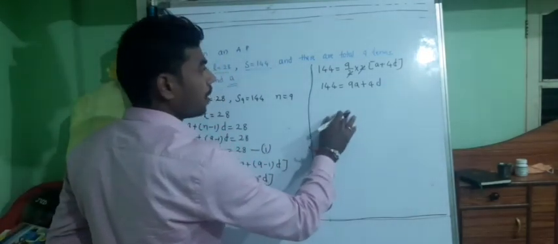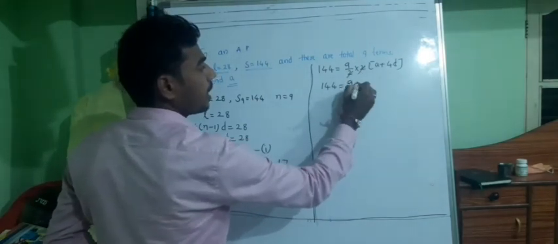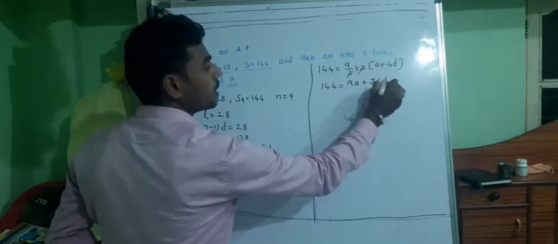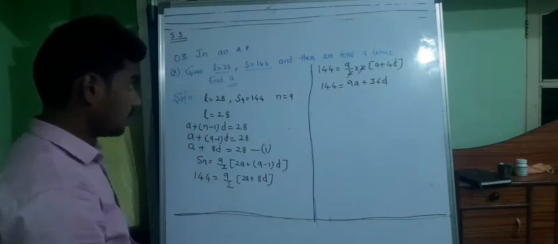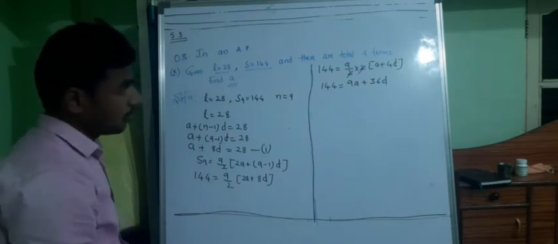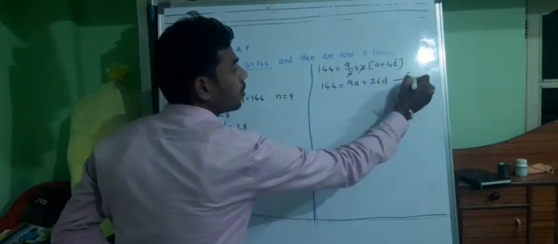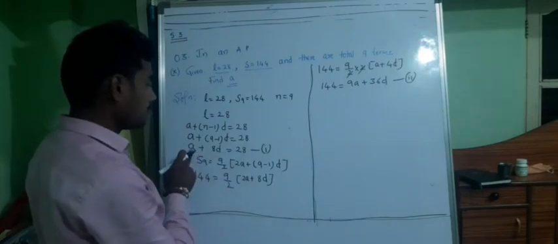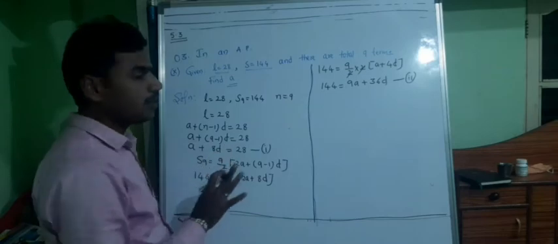So 9A, sorry, 9A plus 9 into 4, 36D. Right? Now I'll call it equation number 2. Now in equation 1, A is there, here 9A is there. To make it 9A, what should I multiply?